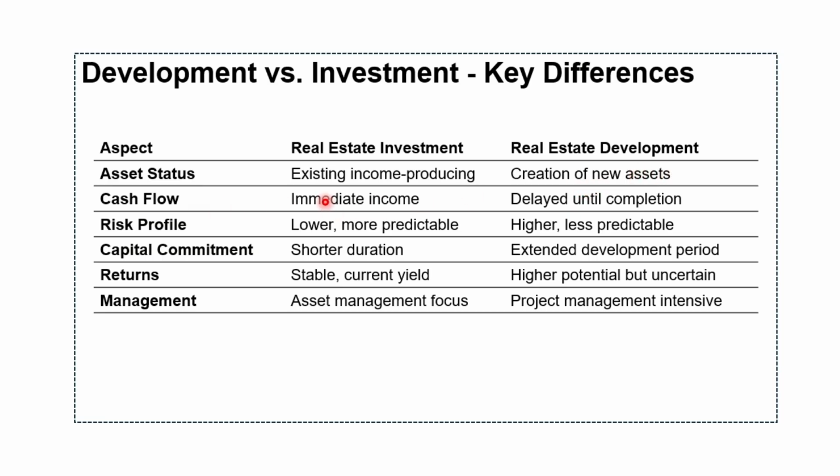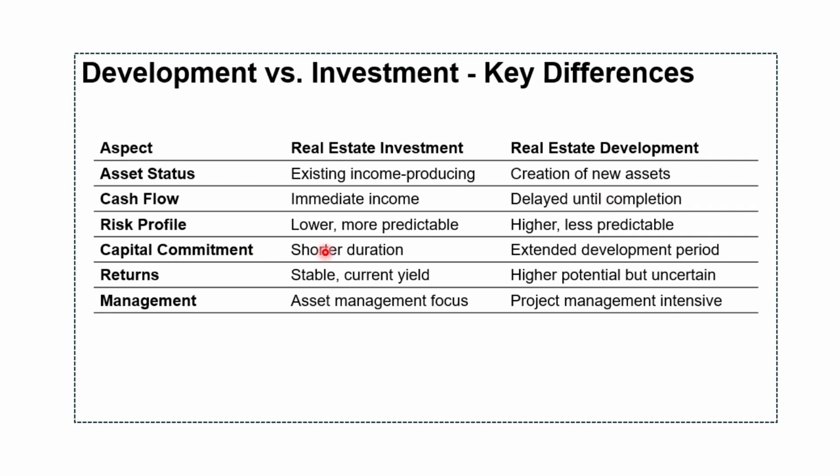Then cash flow patterns differ dramatically. Investment properties typically generate immediate income from existing tenants or quick lease up. Development projects have delayed cash flows until construction completion and tenant placement or sales execution.